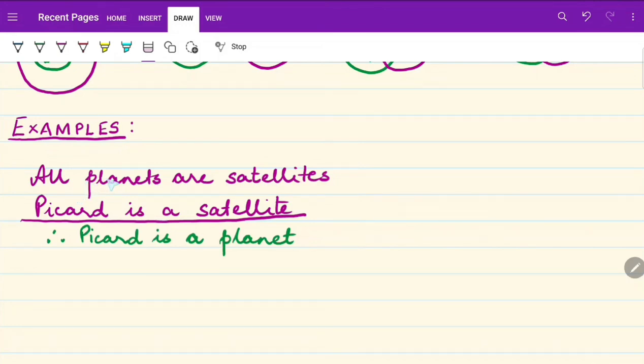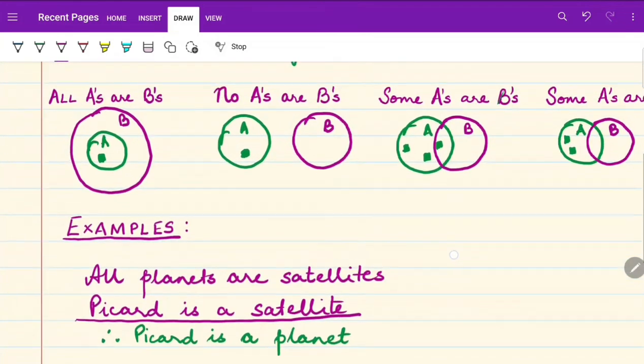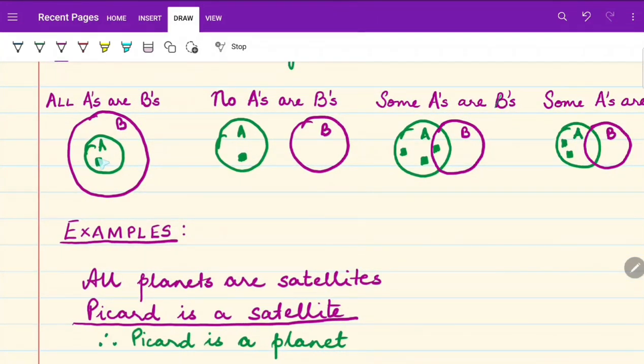It says all planets are satellites. That's the first premise. And then we have the next premise saying Picard is a satellite. And the conclusion is therefore Picard is a planet. All right. So first I'm going to draw the Euler diagram just for the premises, right? So the first premise says all planets are satellites. And that picture is going to be similar to the one that we drew up here.